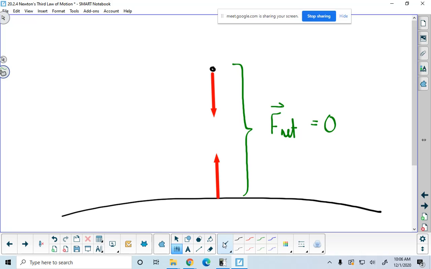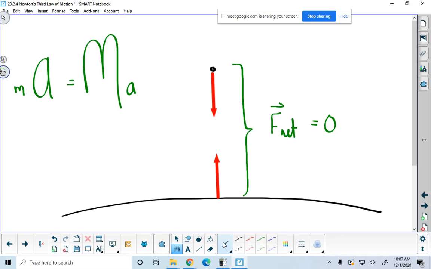So the apple is pulled towards the Earth and the Earth is pulled towards the apple. Those two forces are equal. Those two net forces are equal. By the way, that m a of the apple has to equal m a of the Earth. Those two net forces are equal in magnitude. And the reason why when you drop an apple you don't feel the Earth rushing up towards you is because its acceleration upwards is very, very tiny.